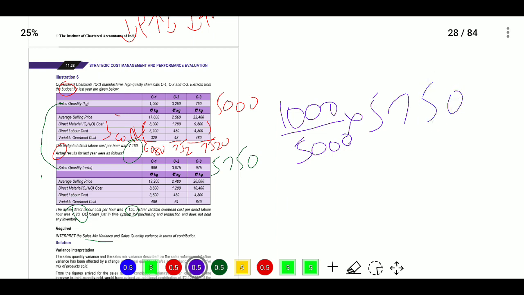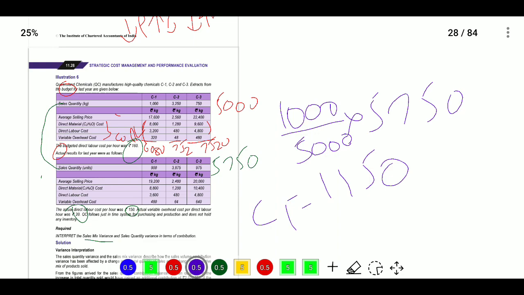So we will get the actual sales at budgeted proportion. How much will we get? 1150. That is C1. If we go for C2, 3250 divided by 5000 into 5750, we will get the C2 revised actual quantity. Based on this we will calculate the mix variance.